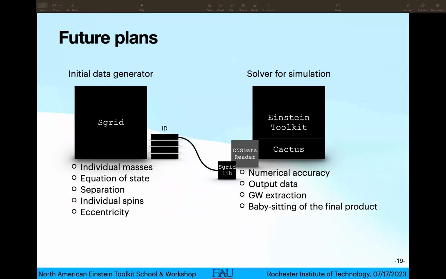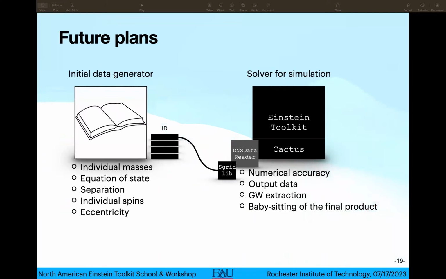Remember, I told you I'm going to come back to this slide. Now I'm talking about the slide with the title Future Plans. We would like to make SGrid, our initial data generator, an open book. Up to now, it is just a black box, but we are about to make it public, together with the entire documentation, so everybody can use it.